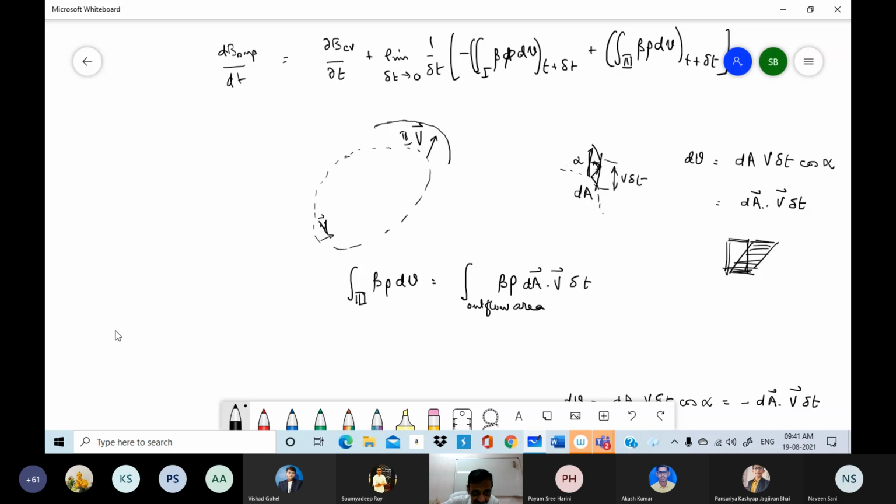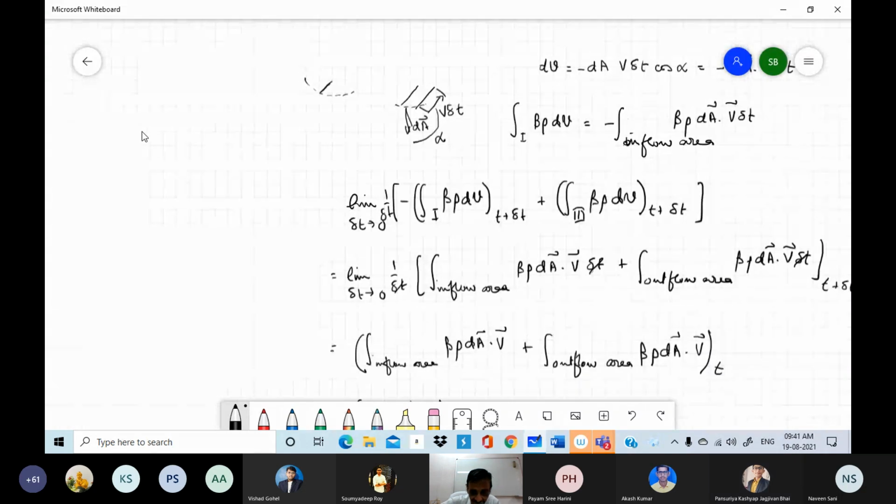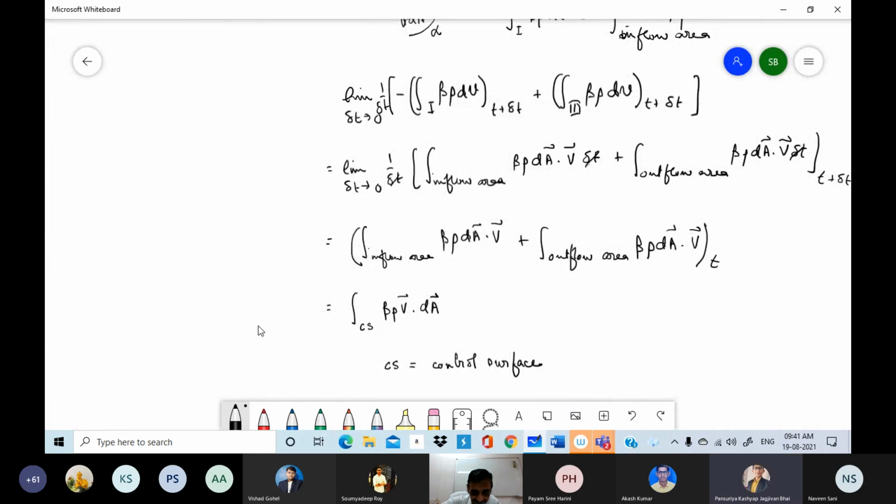Sir, why is the integration over inflow area plus outflow area the control surface? Because there'll be some point at which the velocity is 0, but that will usually be a point. And if the velocity is 0, that doesn't contribute anything. So anywhere where there is inflow or outflow, if I include everything, then it gives me the total control surface.